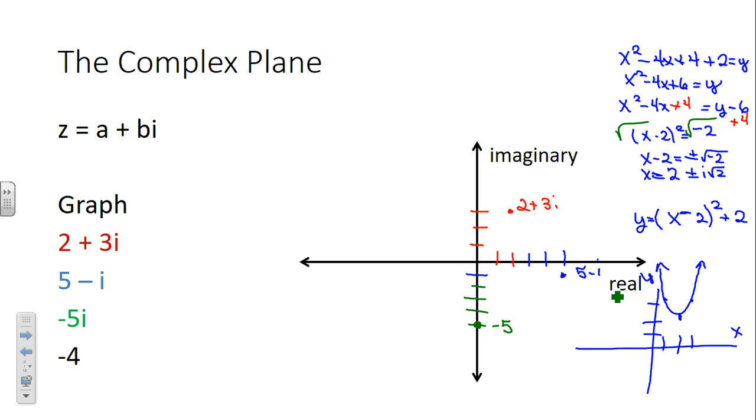Okay, and finally, where will negative 4 be? Yeah, negative 4, 0. Negative 4 on the real part, 0 on the imaginary part. Easy peasy? You're going to have problems just like that. That's simple. Okay? So far, so good?